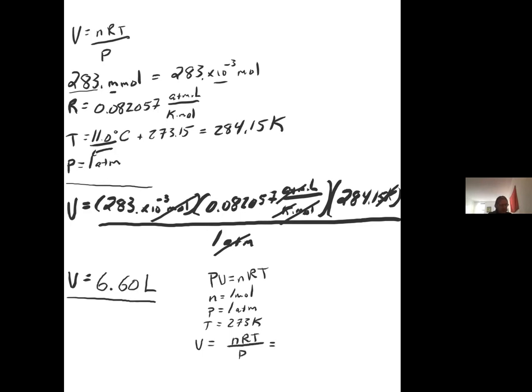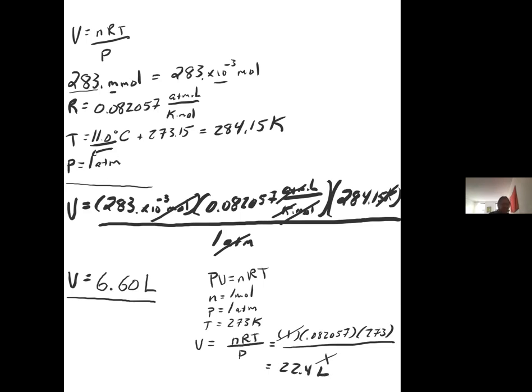And what you get is 1 for moles, 0.082057 for R, 273 for T, and then you get 1 for P, right? 1 atmosphere. This particular problem that they gave us was at 1 atmosphere. Now, I remember that if you do this calculation, you get 22.4 liters.